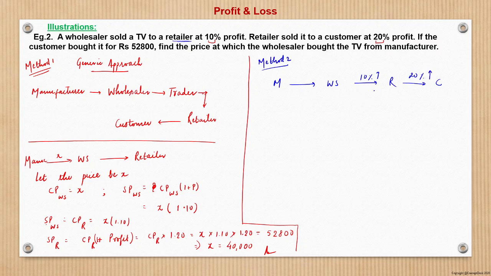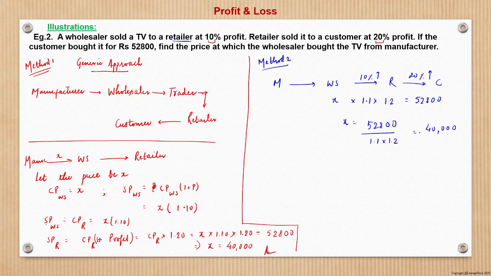So basically what is happening? Whatever be the cost price, suppose this is X. So this will be X into 1.1 for the retailer and then 1.2. Directly we can say this is a chain rule of multiplication, and that is given as 52800. So from here we can directly say X will be 52800 upon 1.1 into 1.2, which is 40,000.